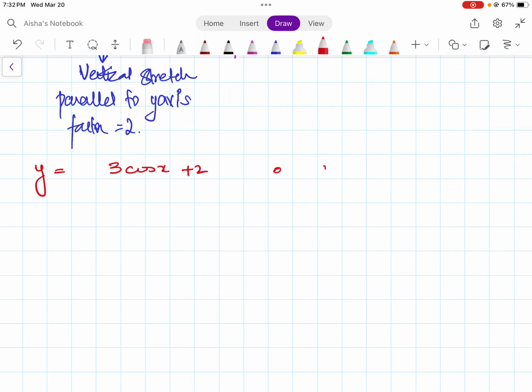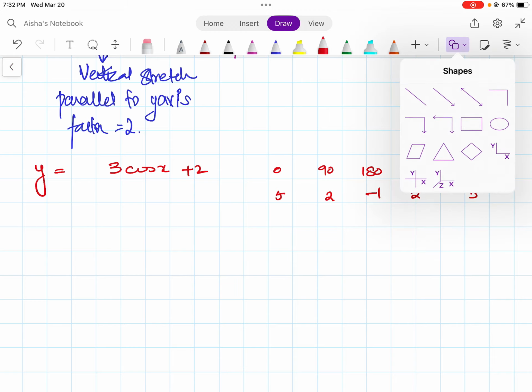Again, 0, 90, 180, 270, and 360. So it's 3 cos x plus 2: 5, 2, minus 1, 2, and 5. Let's plot it on the graph.